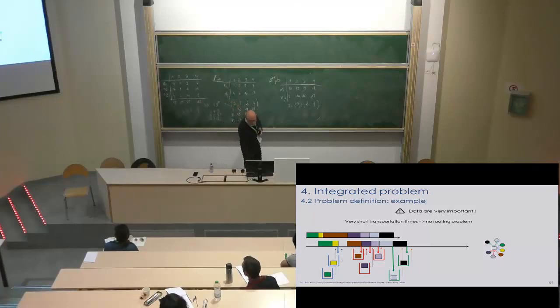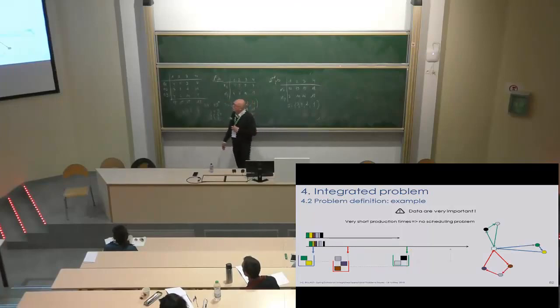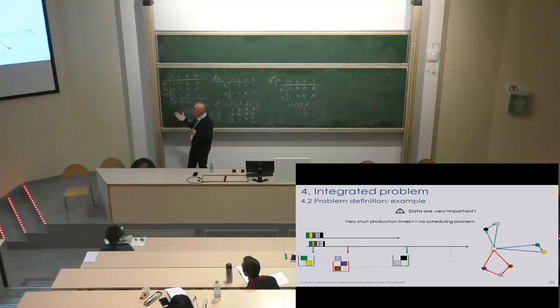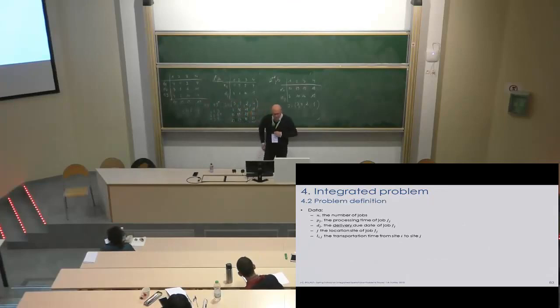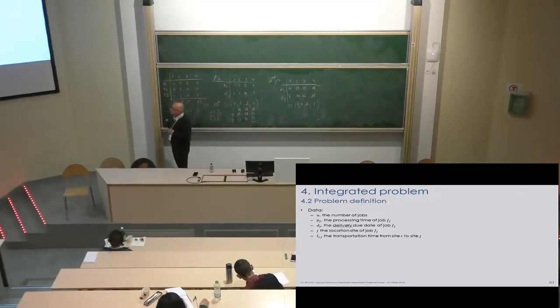On the contrary, if you have very short production times, in fact, there is no scheduling problem. You decide the first batch, and then it's only a vehicle routing problem at the end. And the most complicated case is when processing times and transportation times are in the same range of magnitude. So we have the data of a scheduling problem, plus the transportation times between 2 sites.